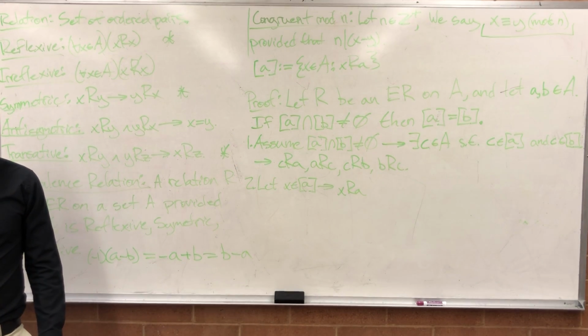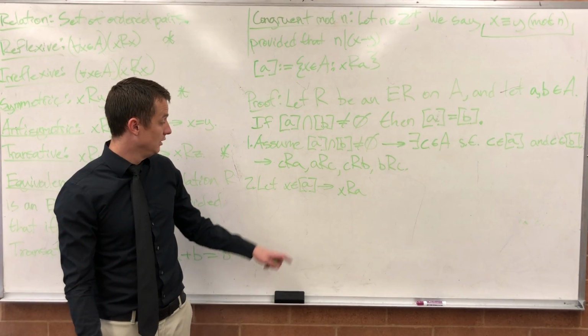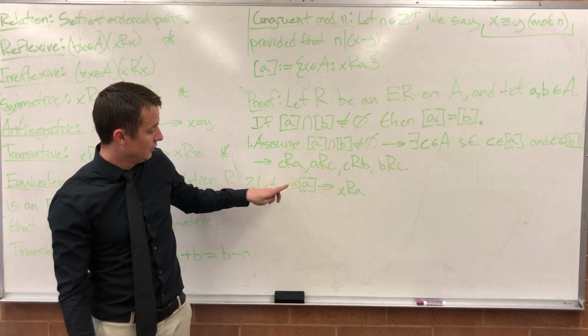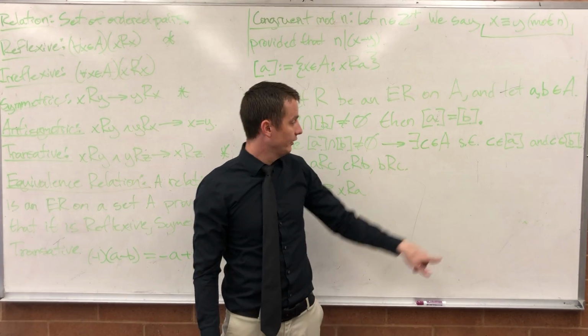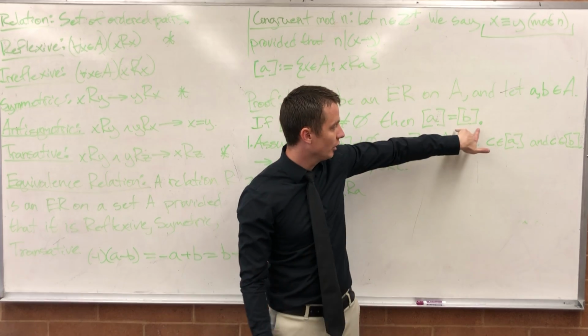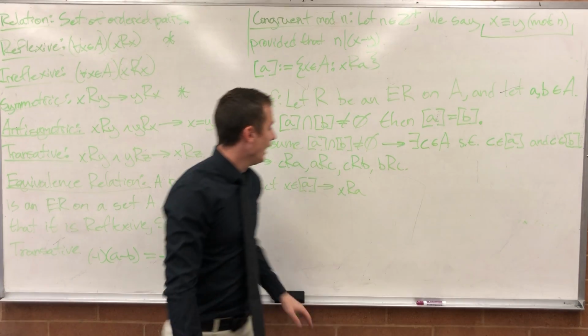That x is related to B. I'm trying to show everything in A's equivalence class is also in B's equivalence class. I grab something random out of there, I show it's also in there, and we're done.